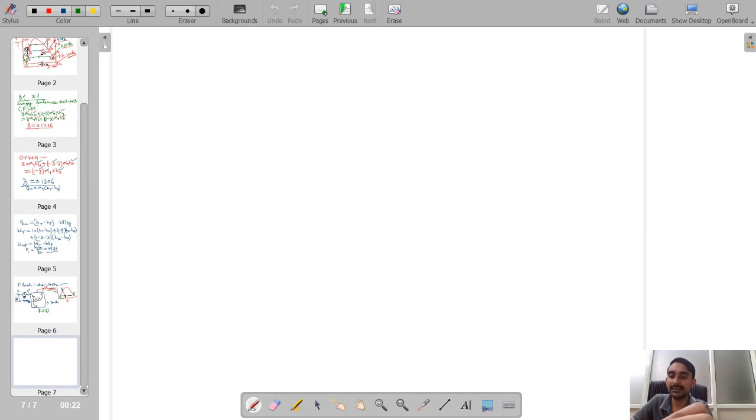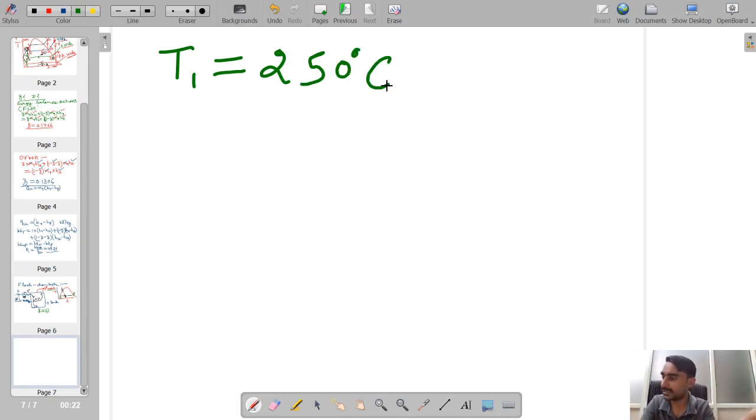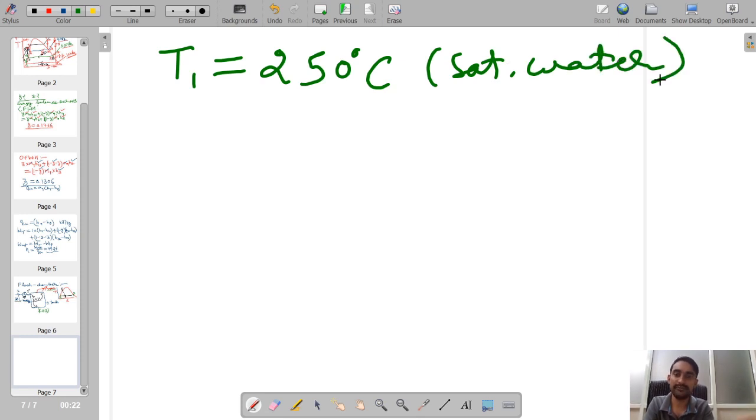Let us first write down all the given data. The temperature at point number 1 is 250 degrees Celsius, and point number 1 is saturated water. The pressure inside the first chamber is that of point 2 as well as point 3, because 2 and 3 are the outlets from chamber 1.